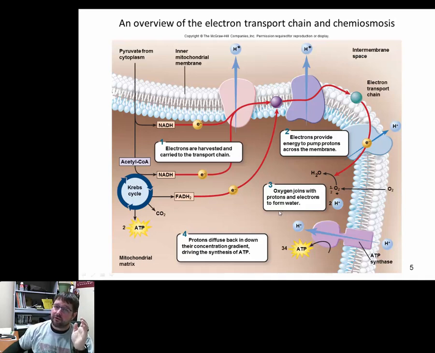So if you remember back, I said, in order to form one glucose molecule in photosynthesis, we need to expend roughly 54 to 60 molecules of ATP.